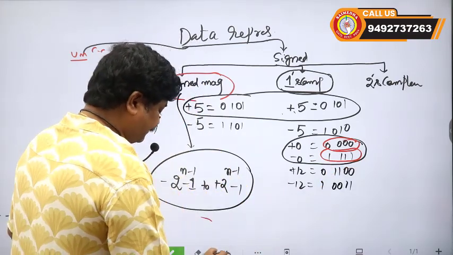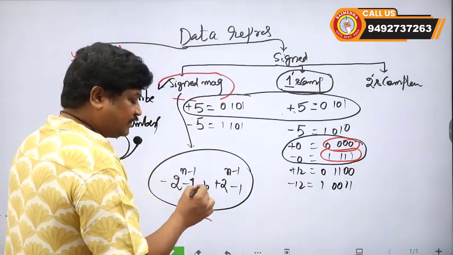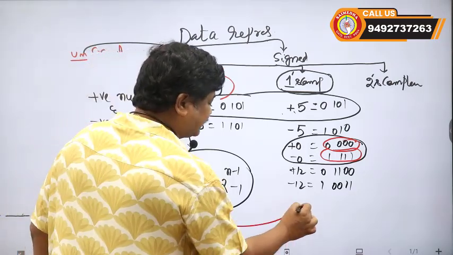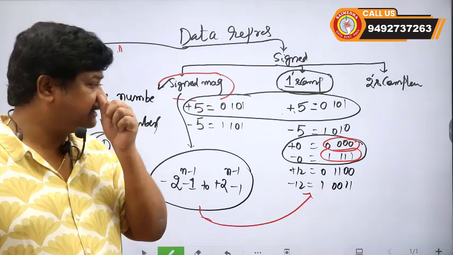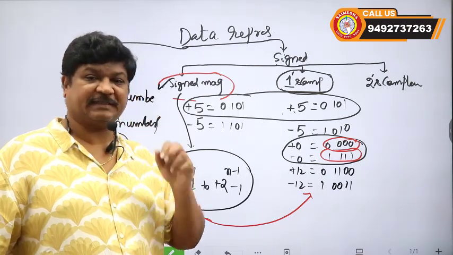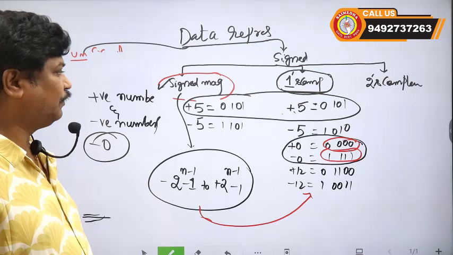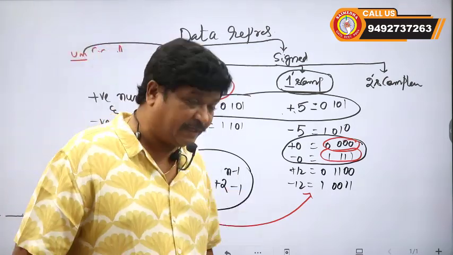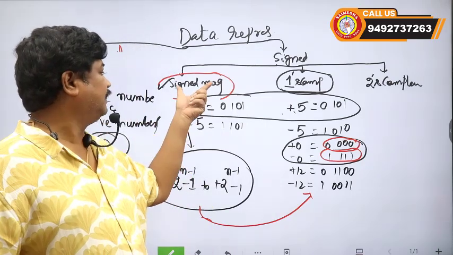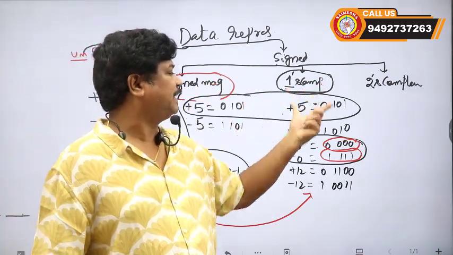What is the range here? The range formula is as it is. What do we understand here? I think we have not observed much difference between sign magnitude and 1's complement representation.